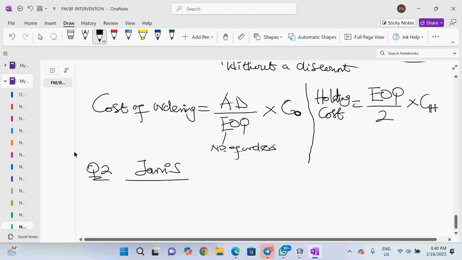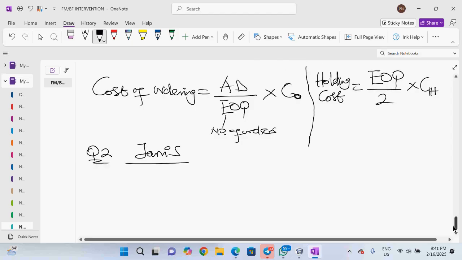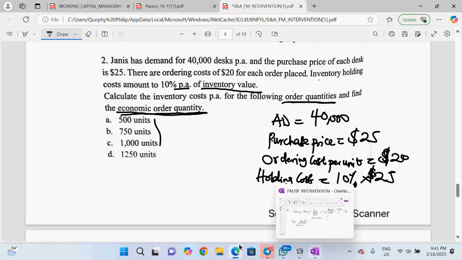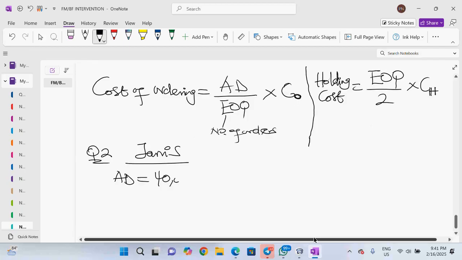Okay. So now let me list the items. Annual demand is 40,000. The purchase price is $25.